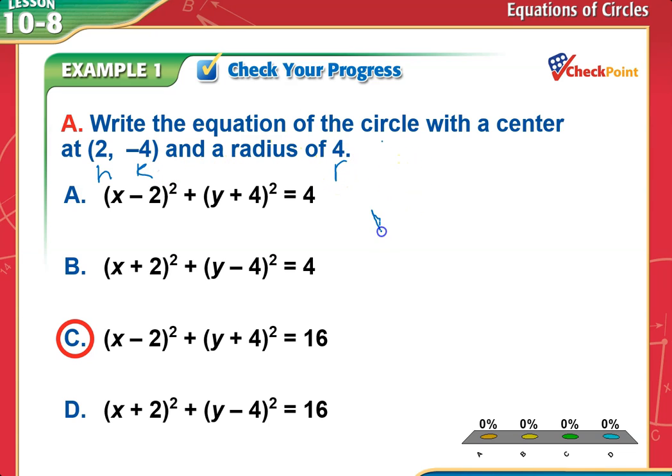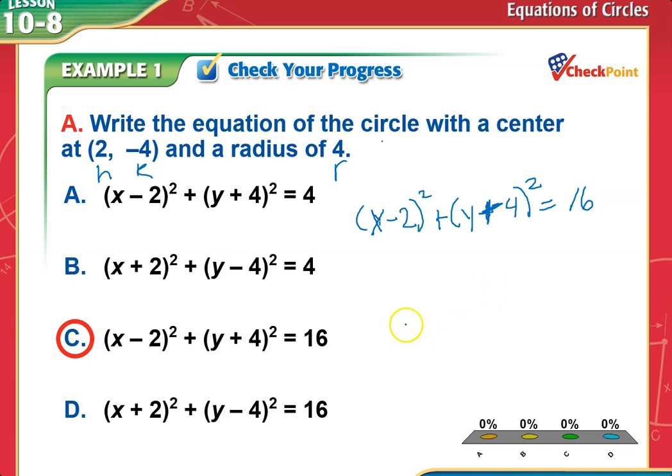So that would give me (x minus 2) squared plus (y minus -4), so minus a -4. That would give us y plus 4, and we're squaring that, and then we're also going to square 4 to get 16.